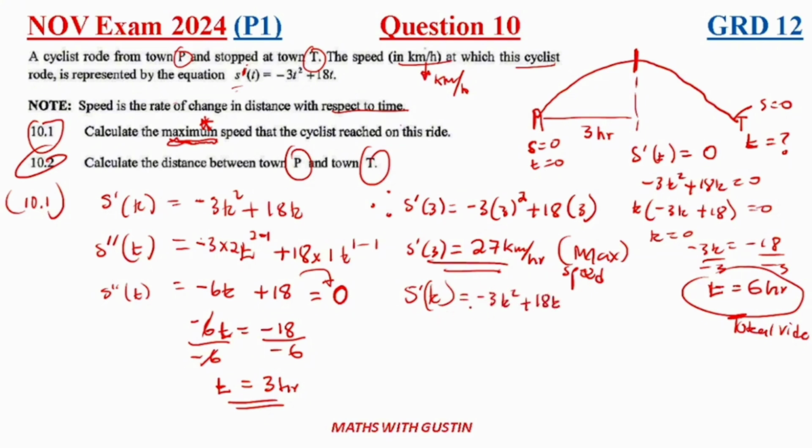If we were to go backwards, we're going to have s, which is our distance. We take this backwards, so the 3 comes here and we add 1 to the power. It's going to be negative t cubed. Then for the 18t, it was 9 times 2, so going backwards it's going to be 9t squared.